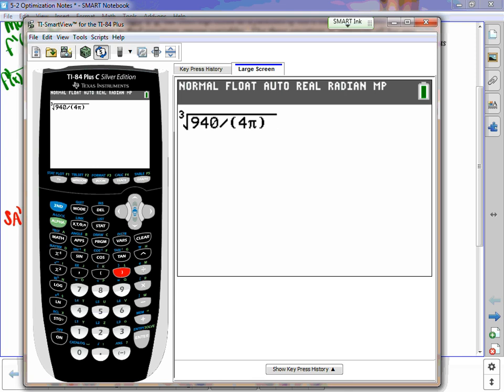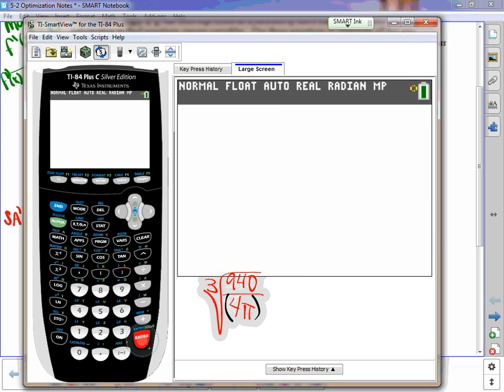A lot of you will make this mistake, so please pay attention so you don't lose silly points. Notice that I have my denominator sealed in parentheses. I'm taking the cube root of 940 divided by 4 pi. I need to put this in parentheses, because if you don't, your calculator would read it as 940 divided by 4 times pi. So since this is in the denominator, make sure you seal it in parentheses. If you don't, you'll get the wrong answer.